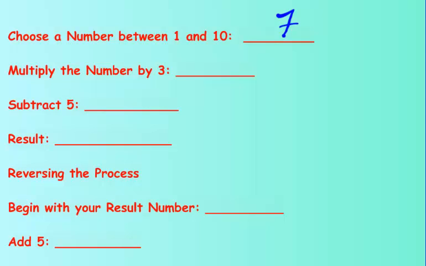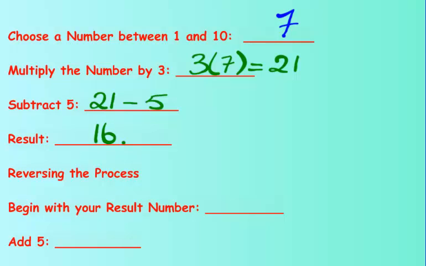Now, we're going to perform a series of operations here. The first thing that I want to do is multiply my number by 3. So I'm going to have 3 times 7, and that gives me 21. Now, my next step is to subtract 5. So 21 minus 5, and our resultant number is 16.